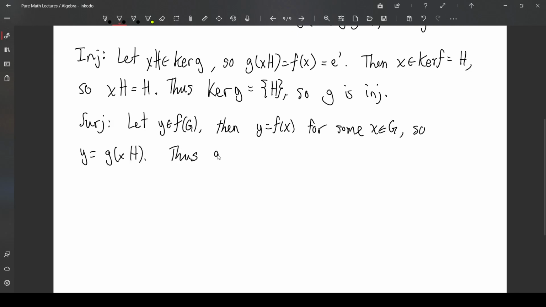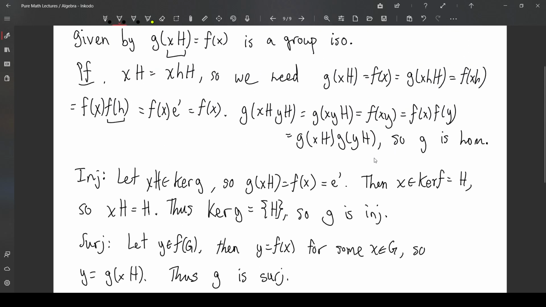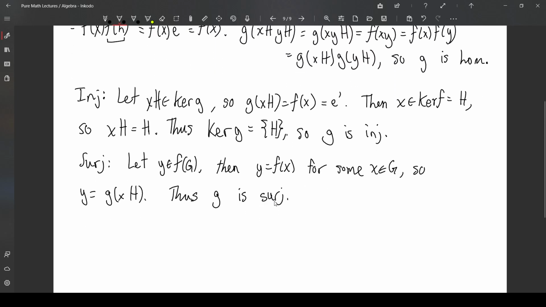Thus, g is surjective. So we've proven that g is a homomorphism, it's injective and it's surjective. So thus, g is an isomorphism.